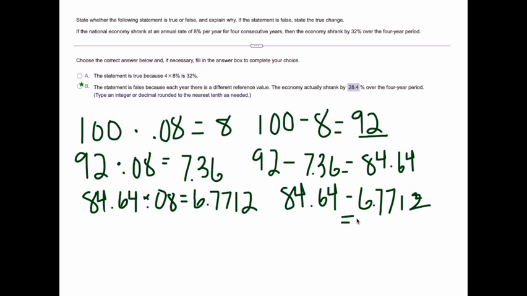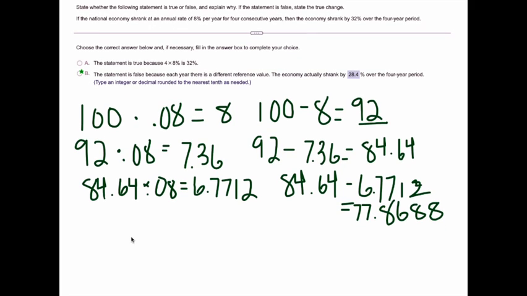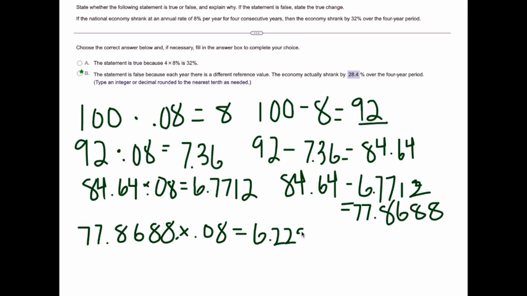let's see, 77.8688. Okay, beginning of the fourth year, now we're starting with 77.8688. I multiply by 0.08, and I get 6.229504.